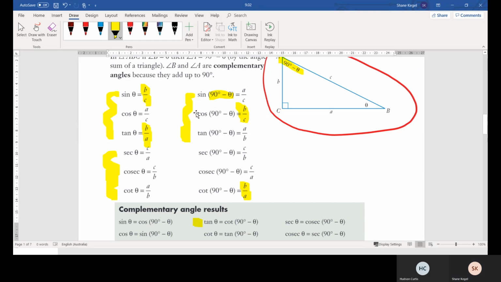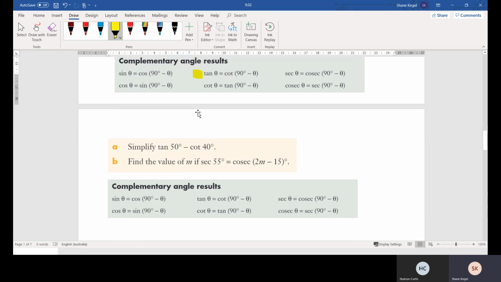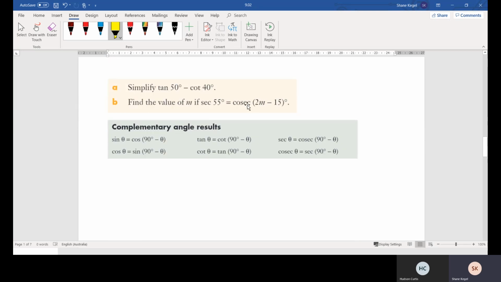Cool. Moving on, let's see how we apply those. I've got a couple of questions here, and I'm asked to simplify tan 50 degrees take cot of 40 degrees. Okay, using my complementary angle results, I can use this fact here to help me work out this problem.